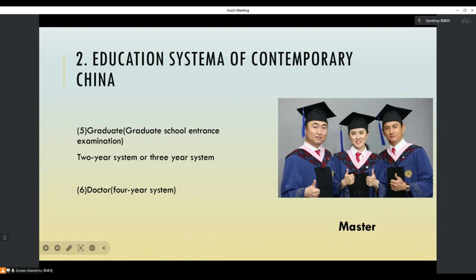In China, if the policy is good for you, you can study in China.